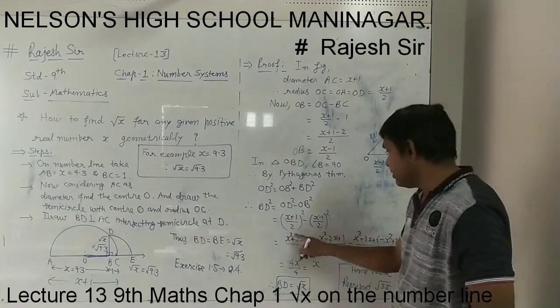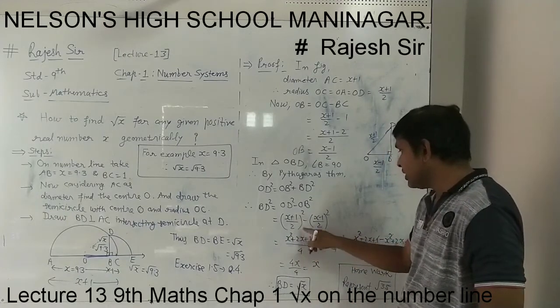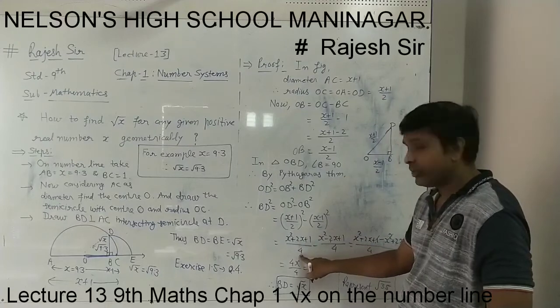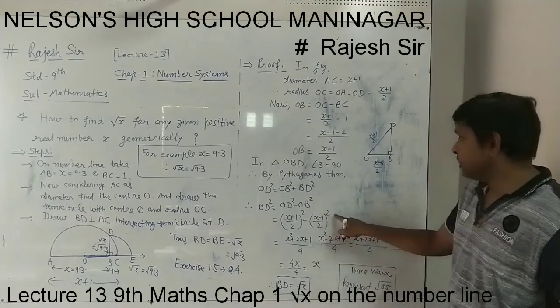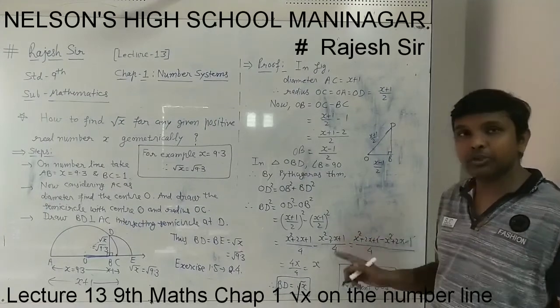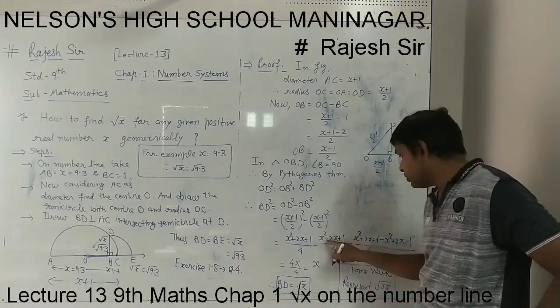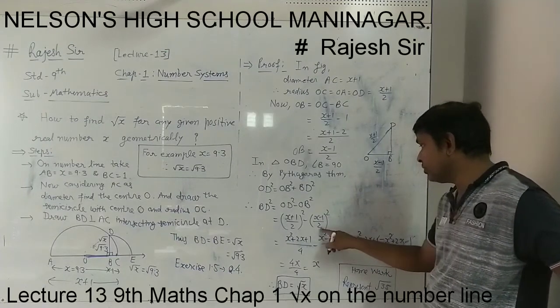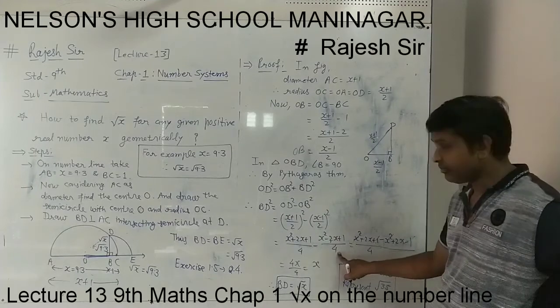So here we have x square plus 2x plus 1 square, 1 upon 2 square is 4 as it is, minus the expansion of this, of the type (a minus b) whole square: a square minus 2ab plus b square. So we have x square minus 2x plus 1 square, 1 upon 2 square, 4.